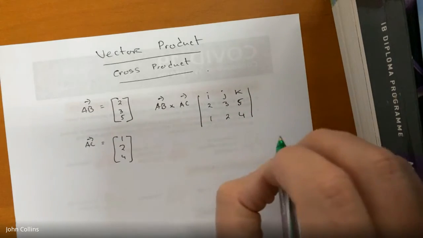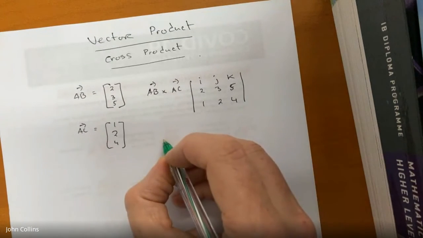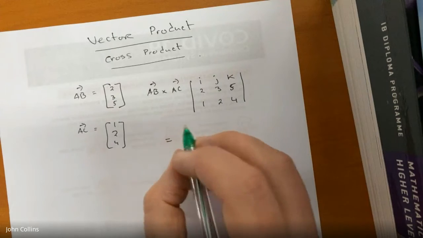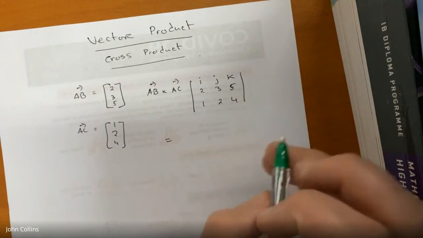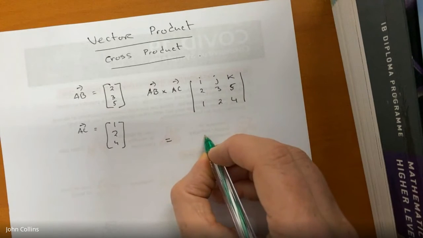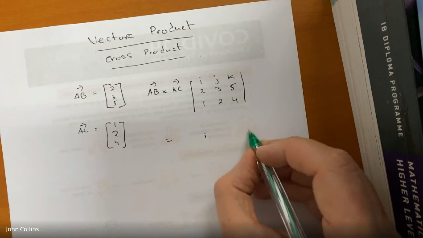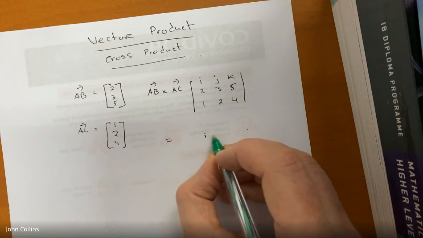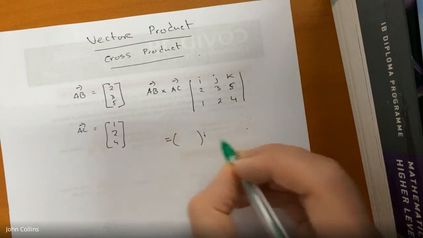You can just line them up side by side, but I think it's easier to visualize it this way. Right, so the important thing here is when you're doing i, often people forget they just add them all. The j coordinate's going to be subtracting, but we'll come to that in a second. But we'll just look at the i coordinate first.